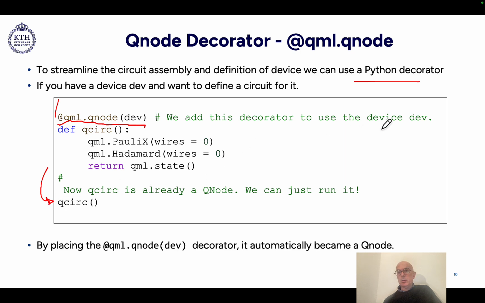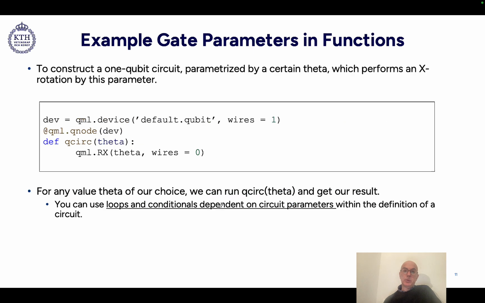This is also a nice way to define a quantum node by assembling both the function that is after the decorator and the device that is provided here. By placing this decorator, it automatically becomes a quantum node.